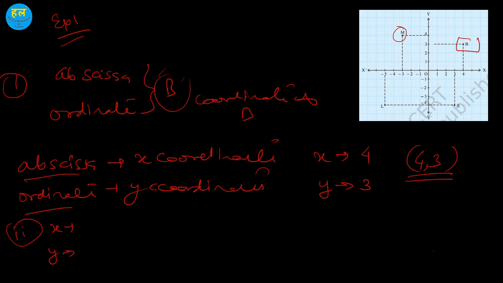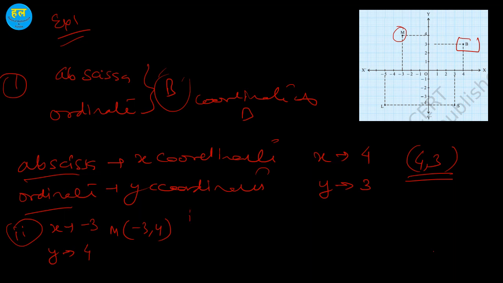So x coordinate of M is on the left hand side from the origin, and that is -3. So x is -3 and y is above the origin, so this will be 4. So the coordinates of M will be -3 comma 4.